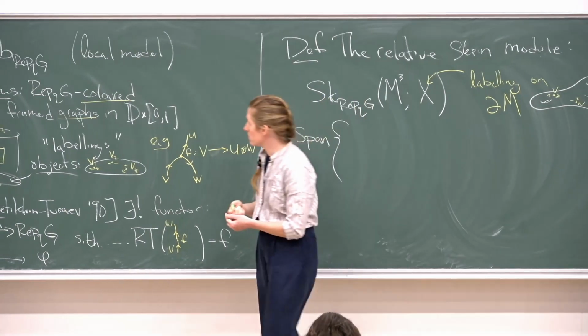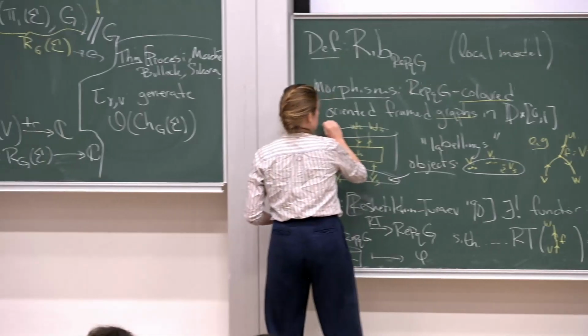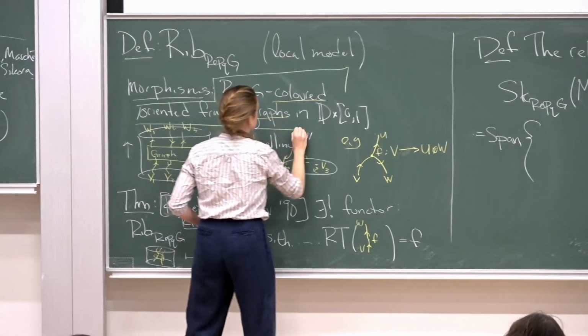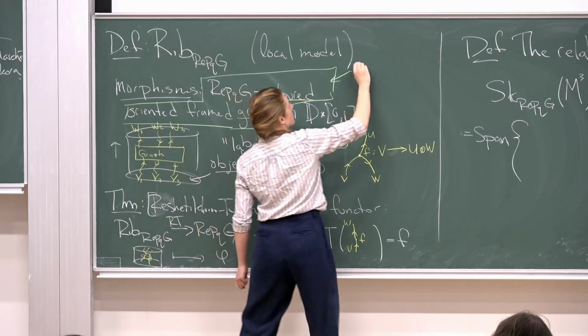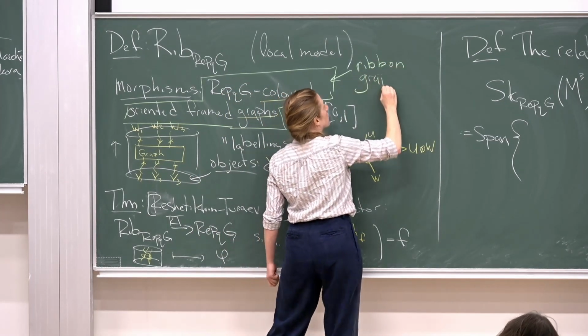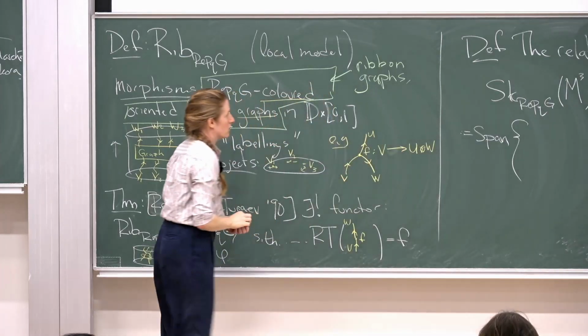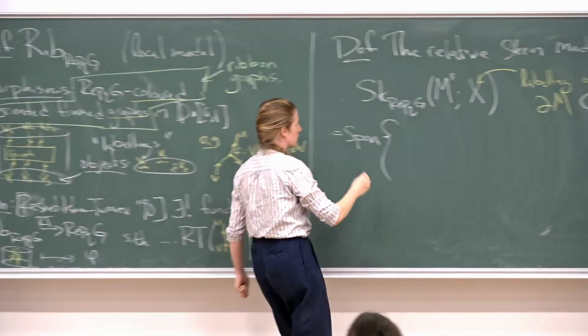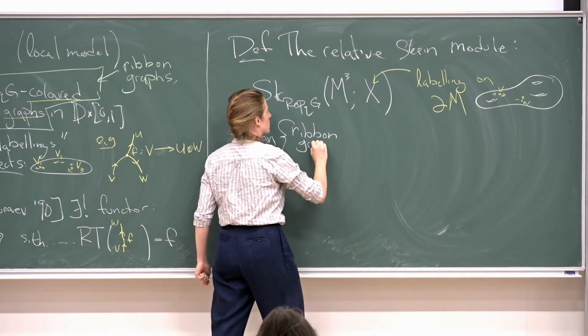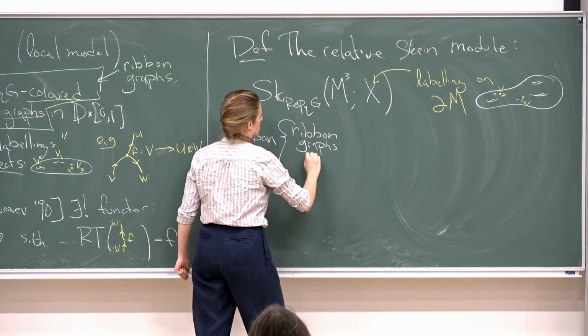I've made some graphs. This word here, let's call these ribbon graphs. So it's going to be the span of such things in M.